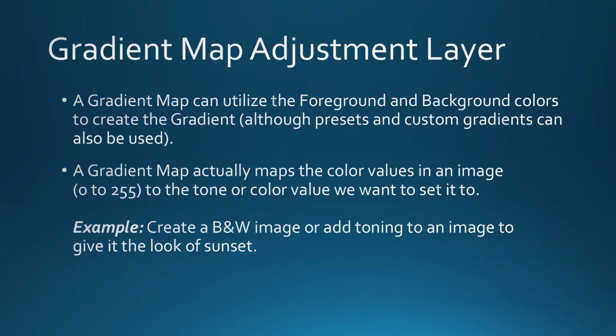And some gradients have more than 2 colors, and you'll see that as well. You can also use this feature to create a black and white image if you wanted to, though I prefer the black and white adjustment layer. But you can also add toning to an image to give it the look of sunset, sunrise, golden hour, which we're going to do in our first project, and things like that. So you'll get a feel for what all these things mean as we go along, but that's the basic differences.